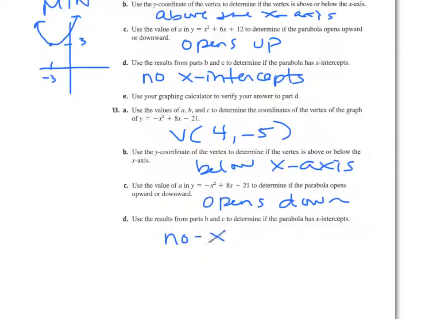So just try that one. Make sure you get the right vertex, and then make sure you get the graph that looks like so, opening down, no x-intercept. So the next activity, we're going to work on actually finding those x-intercepts by hand.